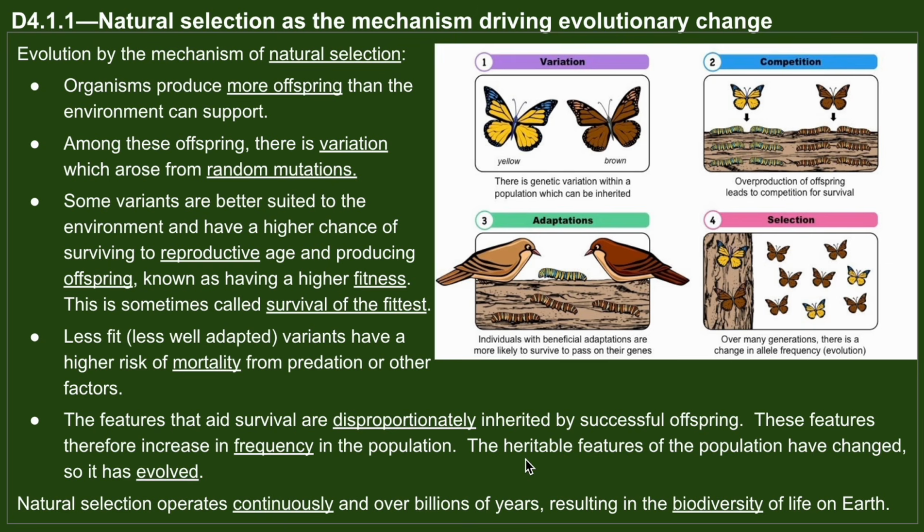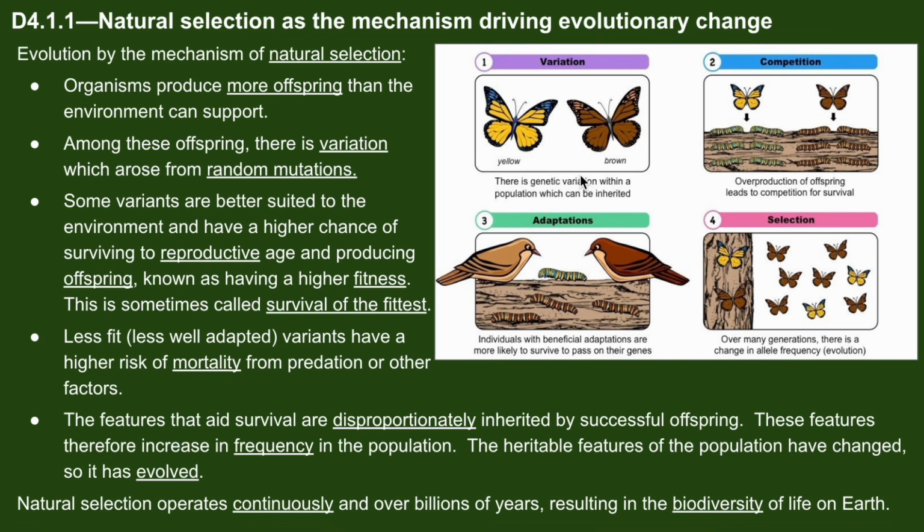The only mutations that are going to pass down are going to be those that occur in the production of egg and sperm cells. These bullet points here, you need to memorize them and you need to know all of that vocabulary. Natural selection then operates continuously over billions of years and has resulted in the biodiversity of life on Earth that we see today.